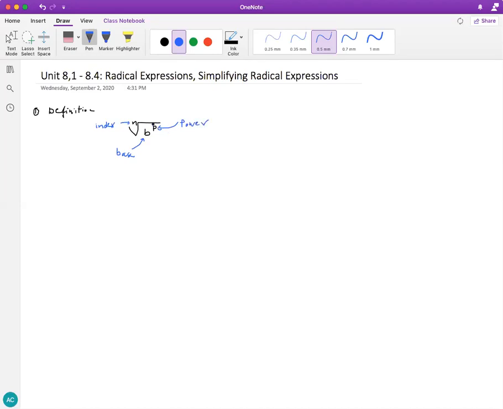This number here is also called the radicand. So this number here is called radicand. Basically, whatever is under the radical symbol is called the radicand. And of course, this is the radical symbol.